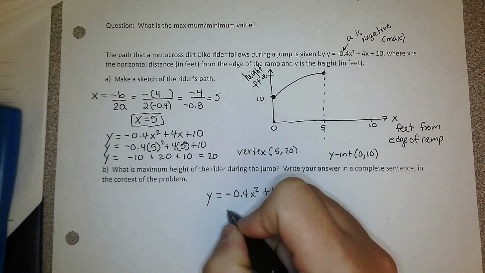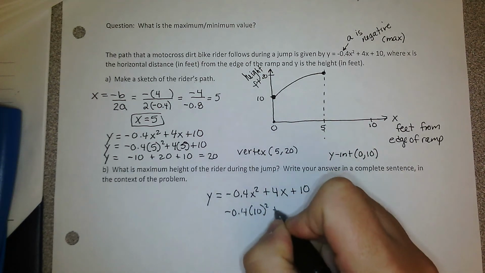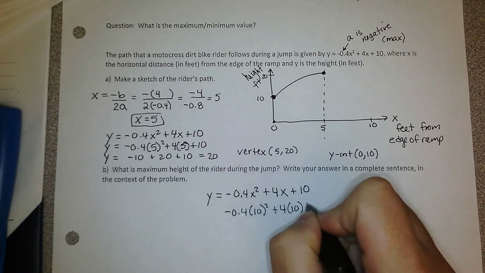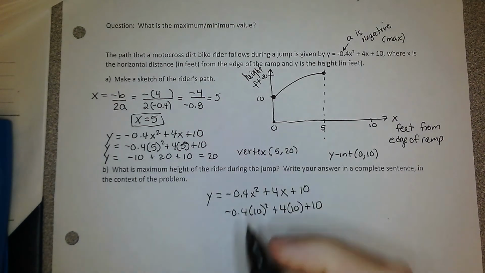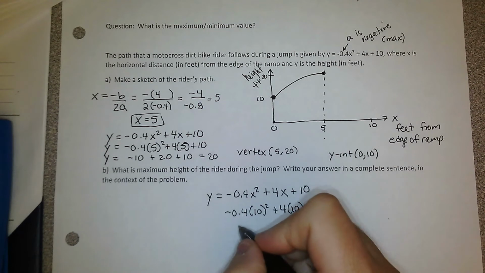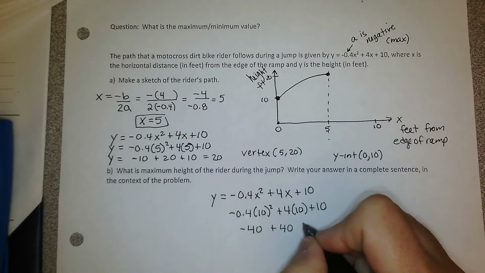I got to plug 10 in. I got to know what's going to happen. Calculator time. Negative 0.4 times 10 squared. That's 20. Oh, no, it's 40. Negative 40. Plus 40. Plus 10.